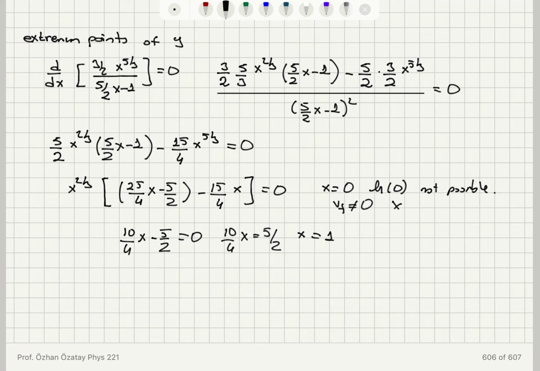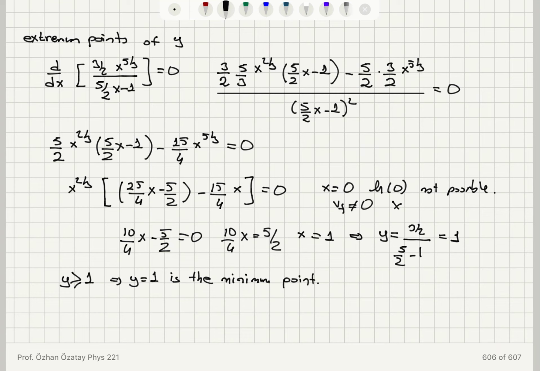So if you set x equal to 1, you will find that y is equal to 3 over 2 divided by 5 over 2 minus 1, which is 3 over 2, so y would be equal to 1. So that means since I have y should be greater or equal to 1, y equals 1 is the minimum point.